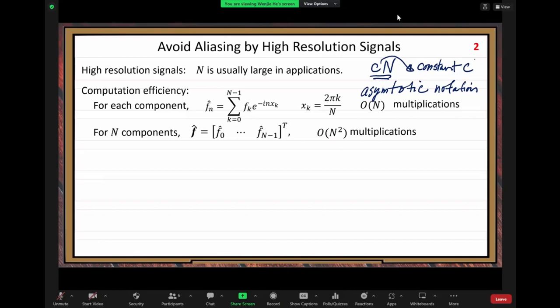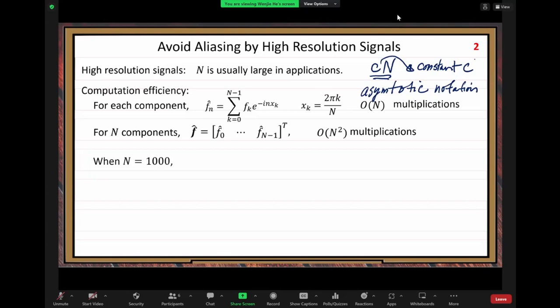Is that a lot of multiplications? In real world applications, where capital N is relatively large, you need to do a lot of multiplications like that. If you do that many, it could be slow. So let's get an idea. When n is 1,000, your sampling rate takes 1,000 samples in one interval.